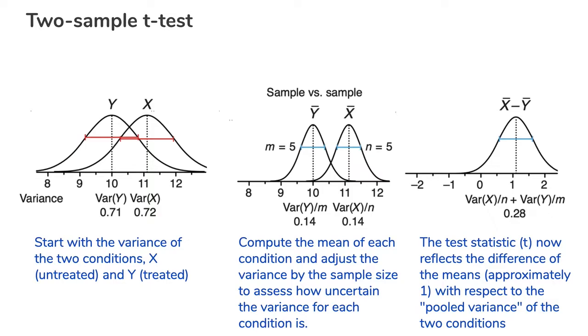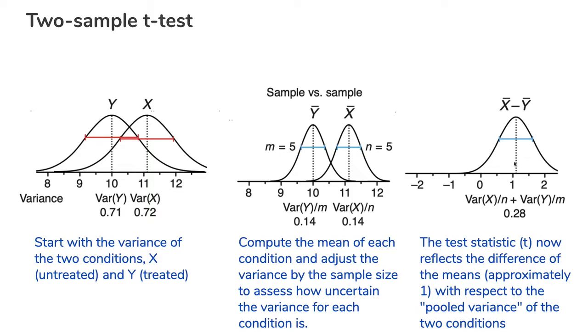Okay, and this is where it gets a little hairy, but essentially what we're doing, so check it out. For condition X, the mean is like 11, and for condition Y, the mean is 10. So first thing with the signal, again, we're going to be computing a signal-to-noise ratio. The signal now is the difference between those means, which is roughly 1. But I think this graphic does a good job of really reflecting what we're trying to do.